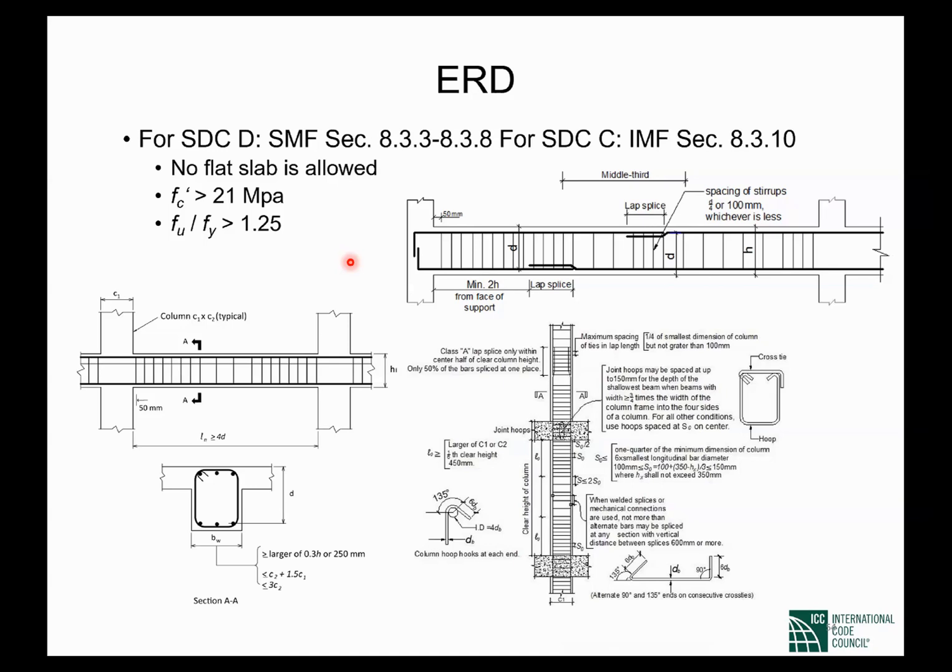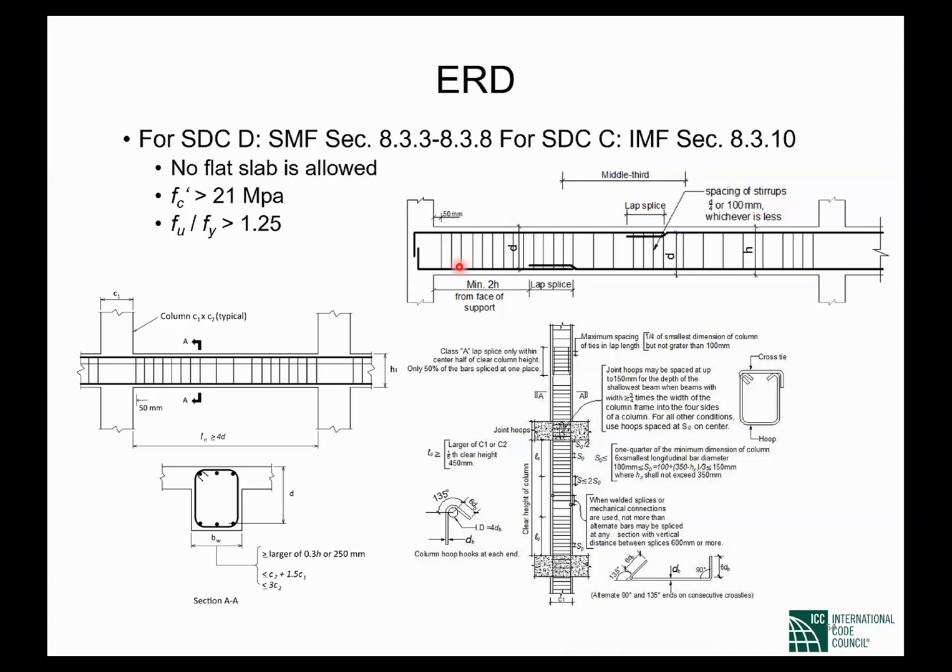Even if, say, 500 grade steel, even if it has ductility class D, still you cannot use it for seismic design category D. That is a very strict restriction imposed by this version of the code.